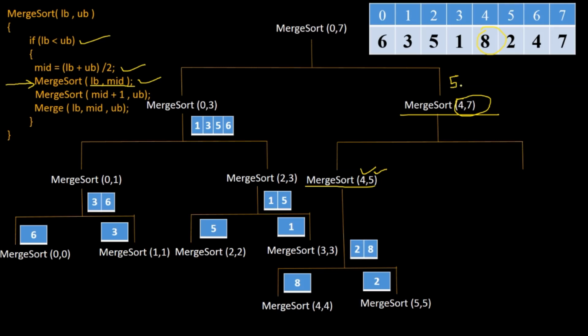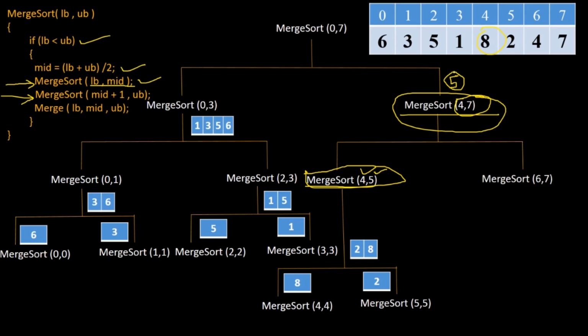Now this function will go to the next line, and that is merge sort mid plus, sorry, this function is already completed. This function will go to the next line, that is mid plus 1 comma ub. How much is mid? In this case the mid was 5, so 5 plus 1 is 6, so it is 6 comma 7.